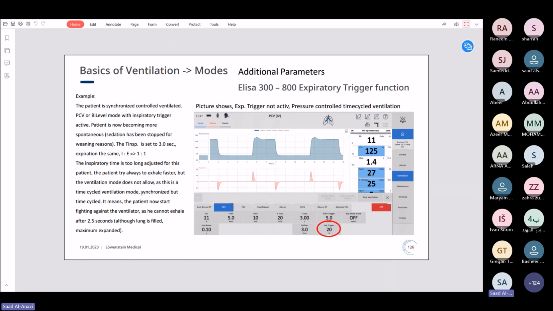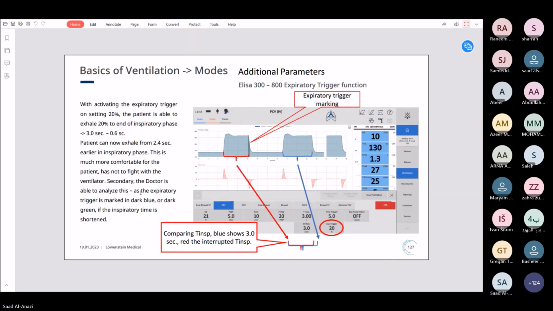This will help remove the air trap. As you see here, the expiratory trigger marking. If you make the expiratory trigger 20%, that means 20% from the inspiratory phase will be taken by the expiratory phase, and it will allow the patient to exhale longer.